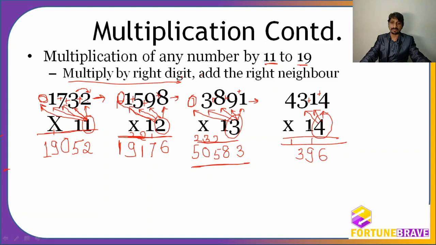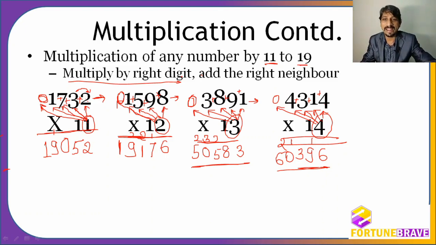So 1 is going as carry. 4 4s are 16, plus 3. 16 plus 3 is 19. 19 plus 1 is 20. Now nothing to multiply here, so 0 I am assuming. So 4 plus 2 is 6. Is that clear? 60396. Is that wonderful? You can do it. Practice anyways I am going to give you, so do all the practice.